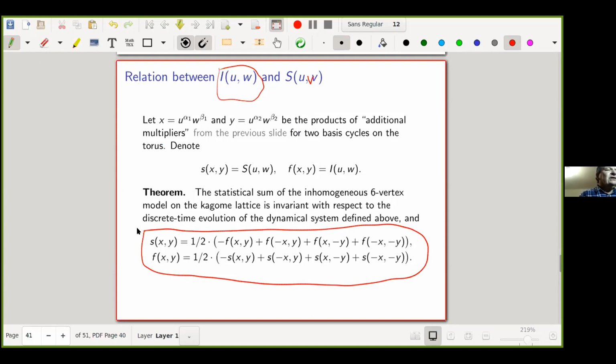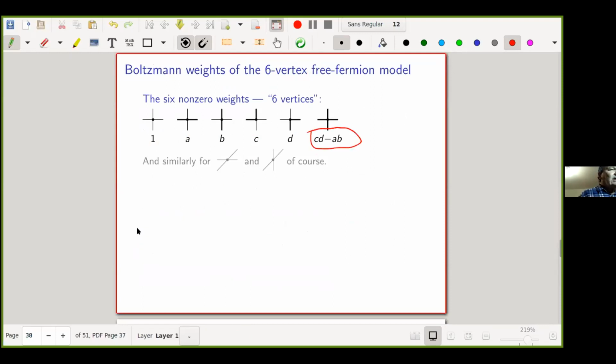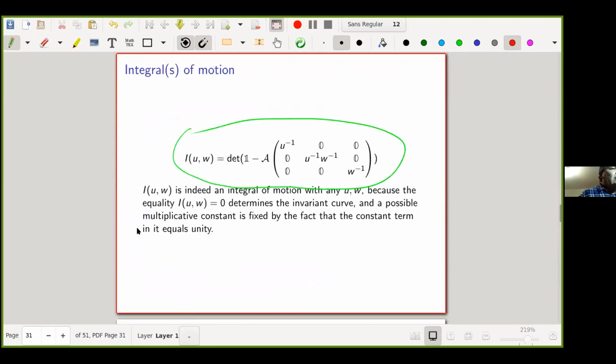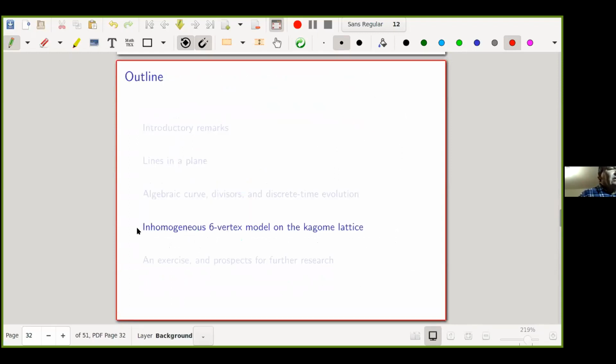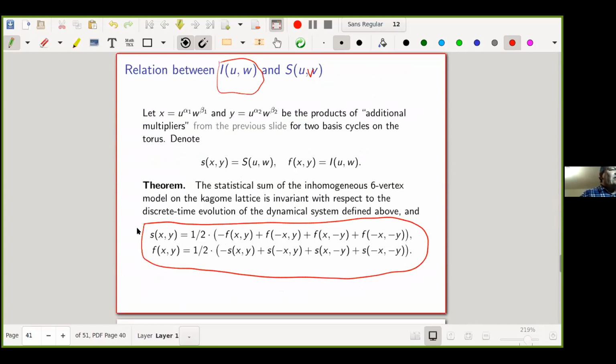But essentially, this family of motion integrals is practically the same as this family of statistical sums.